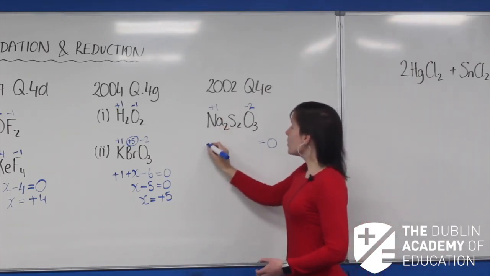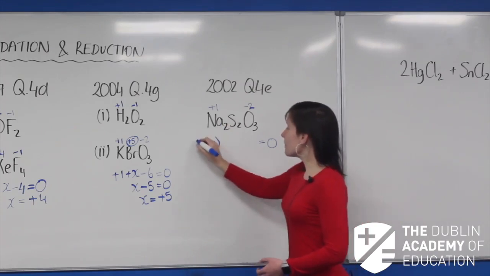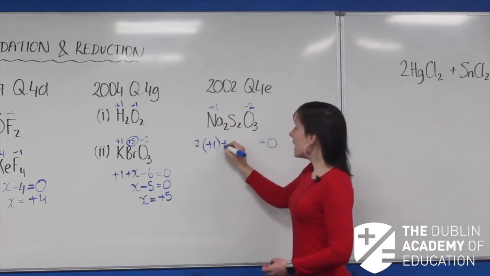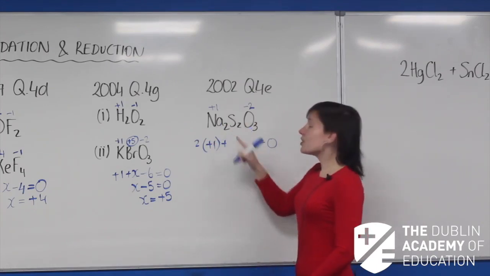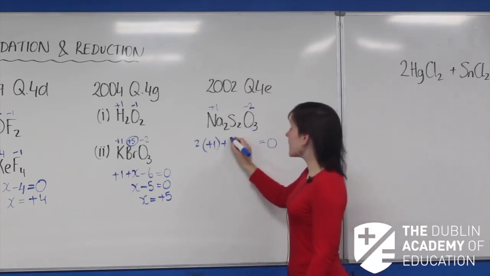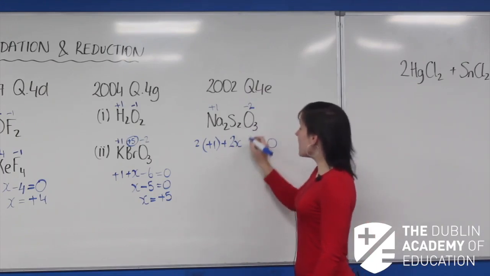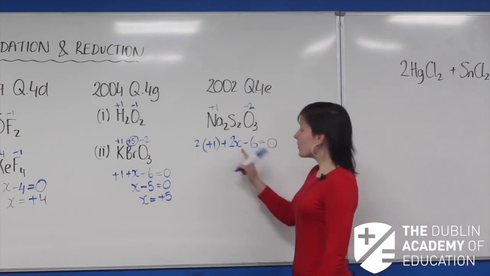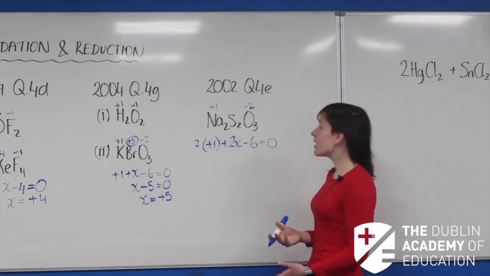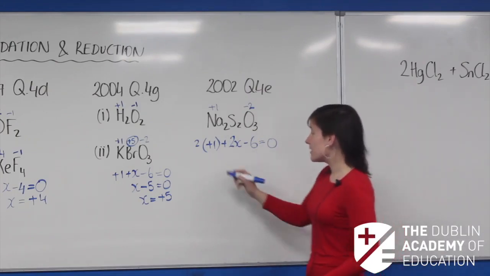So plus 1 times 2. Now, we don't know what sulfur is, so I'm going to call it X, but because there are 2 sulfur atoms in this molecule, we have to say 2X, and then minus 6 equals 0. So we're trying to solve for X. We want to know what sulfur's oxidation number is in this particular molecule.